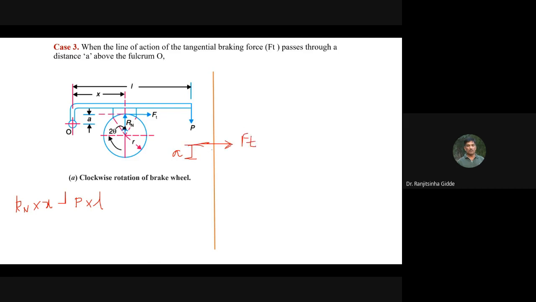So this will rotate in clockwise. So we can write this minus. So I will write it in another way.